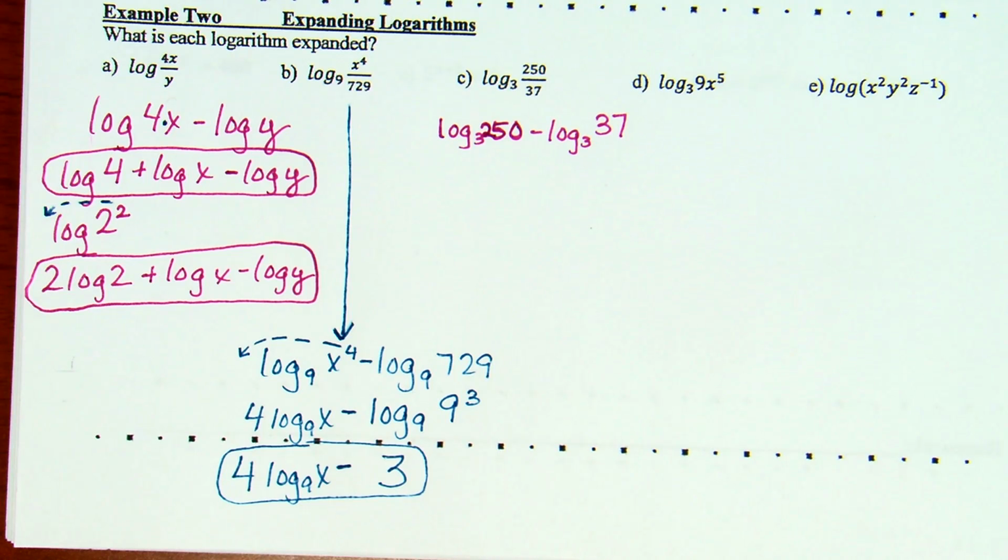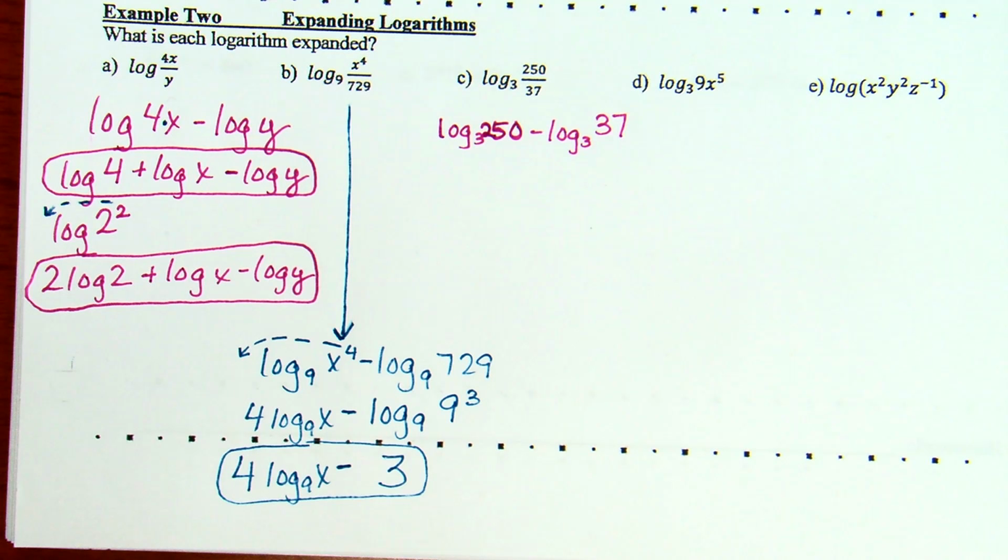What could 250 break into? 125 and 2? And why would we maybe think about 125? It's because 125 is a perfect cube, and it's on the gold paper.